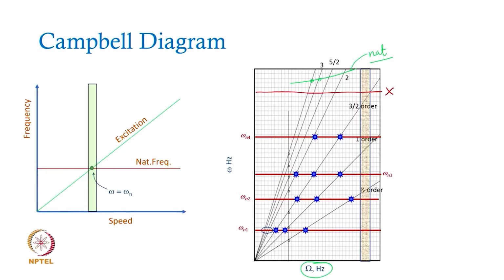I hope you are clear and should now be able to understand and appreciate the practical importance of having a Campbell diagram plotted for your practical mechanical vibratory system, by completely understanding your system for its natural frequencies and how they vary with the speed, and completely characterizing all the excitation functions which are expected to excite your system, and plot them to get a better perspective of where to operate your system safely away from most of the resonances.